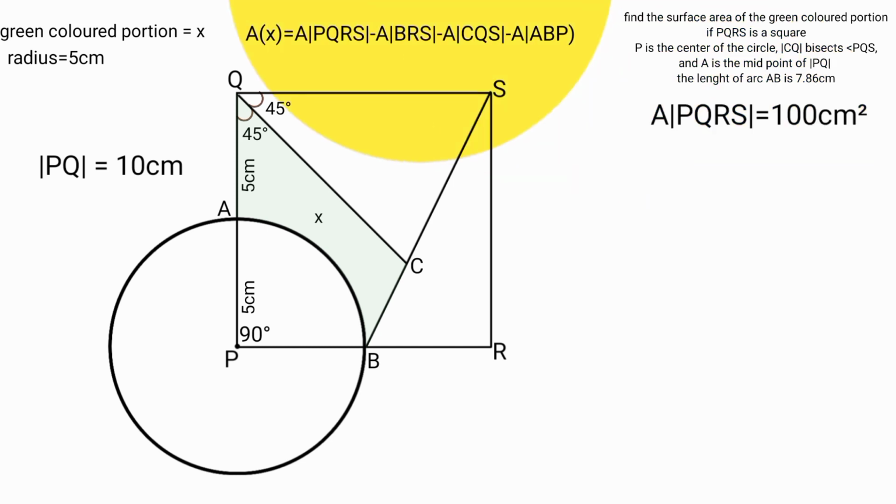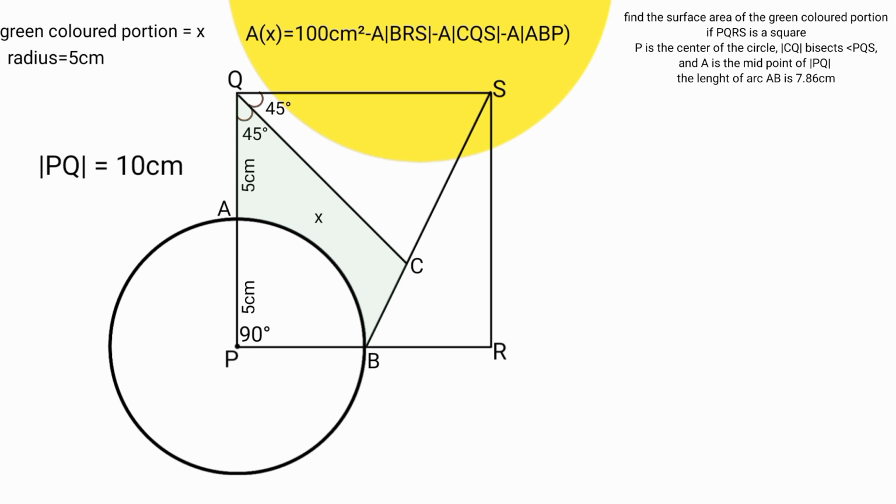Substituting here now, area of X equals 100 centimeters squared minus area of BRS minus area of CQS minus area of ABP. So now what is the area of triangle BRS here? Triangle BRS is a right angle triangle because we know this angle here is a right angle.